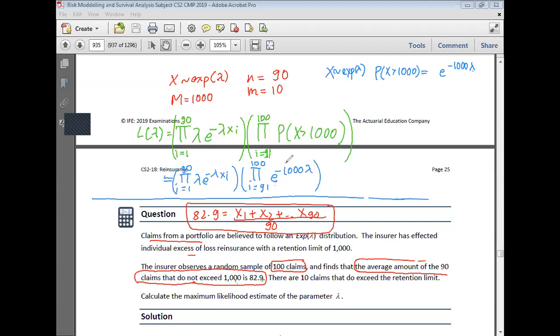Are you guys solving? Isha and Vanshita? Yes, ma'am. Okay, good, good.